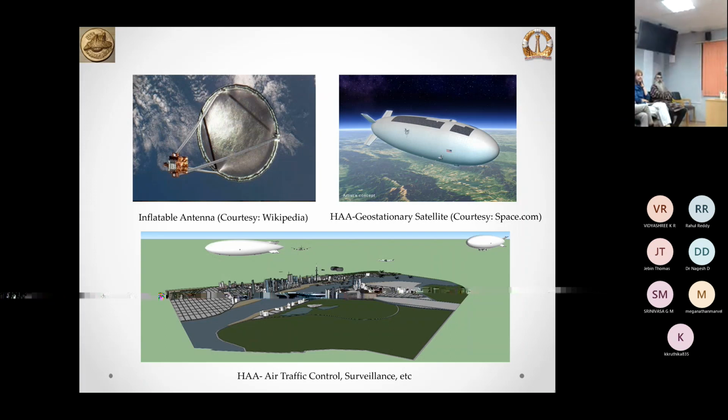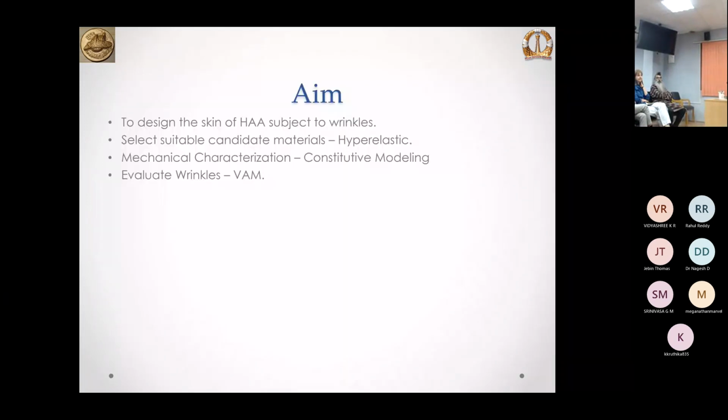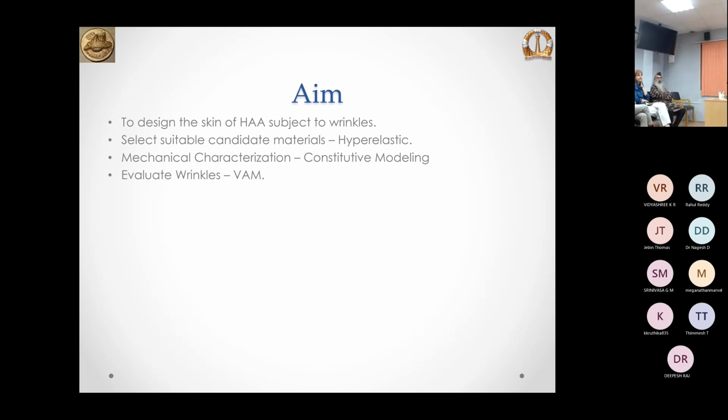For that we first need to select suitable candidate materials, mostly hyperelastic because they undergo large deformation when they are inflated. When we select, we have to mechanically characterize the material. That's called constitutive modeling. And we have to evaluate the wrinkles.